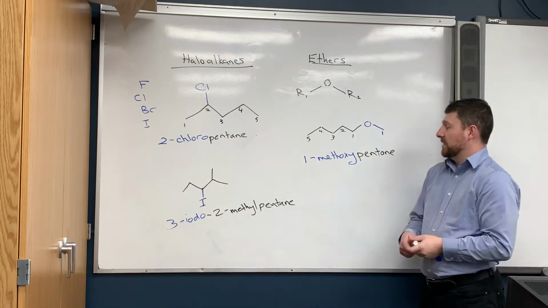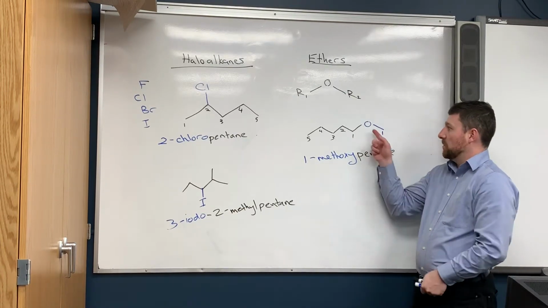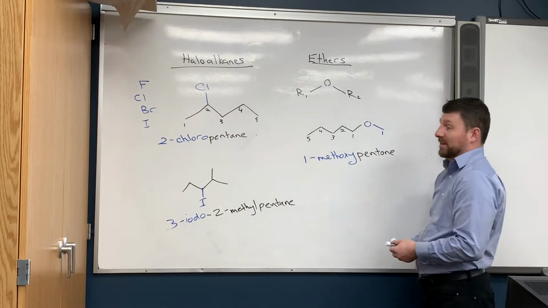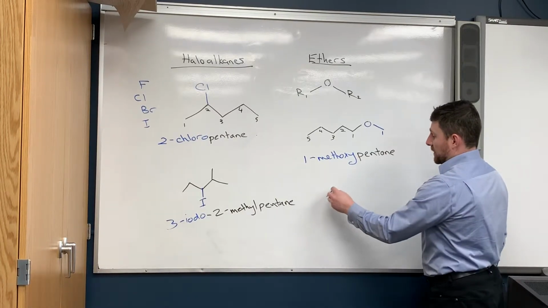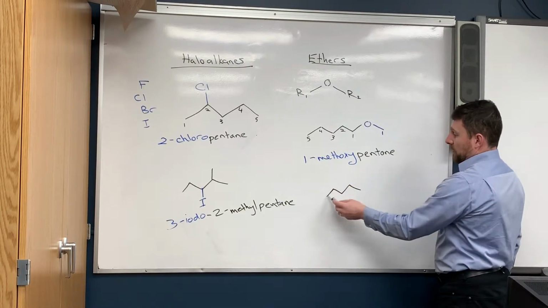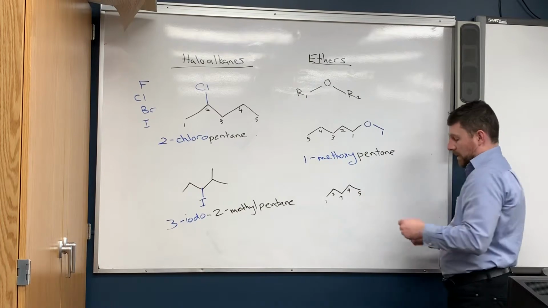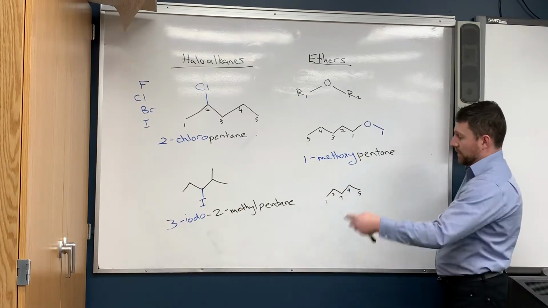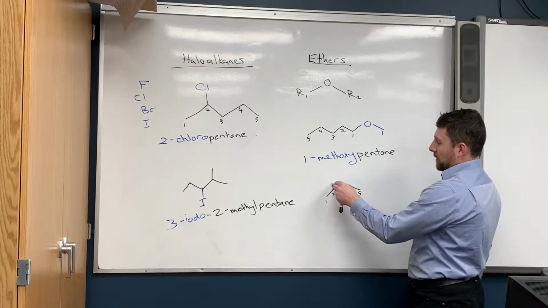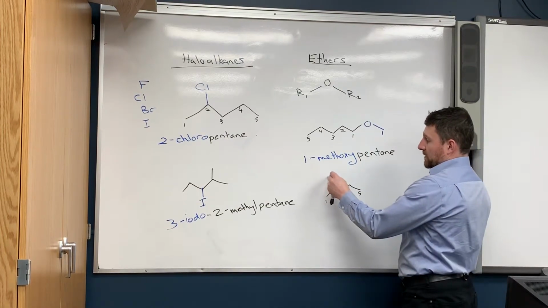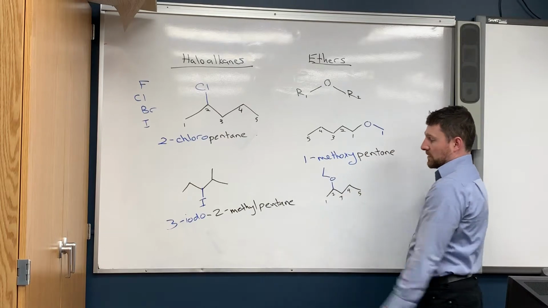Right. And I say this is a 1-methoxy-pentane because obviously we could put this methoxy group or any other ether group on a different carbon. So for example, say I start with the same pentane, 1, 2, 3, 4, 5. And this time I'll draw on a different carbon. So here's going to be my ether group, and let's give it 2 carbons this time, right?